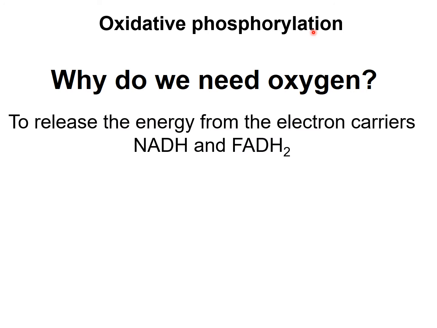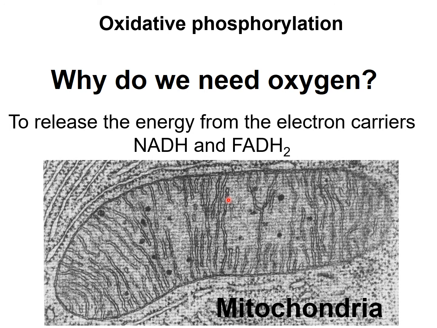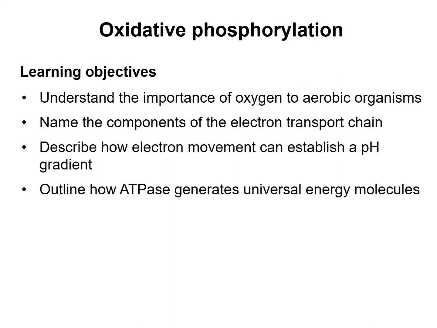So the ultimate purpose of oxidative phosphorylation is to release the energy from the electron carriers, NADH and FADH2, to produce many more ATPs. And this happens right in the mitochondria. To be very specific, again, it is in the inner membrane of the mitochondria in a structure known as the electron transport chain.